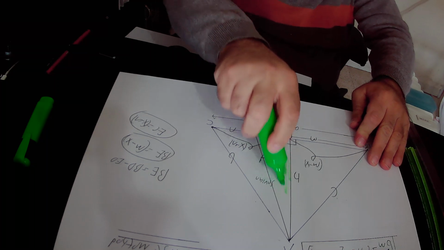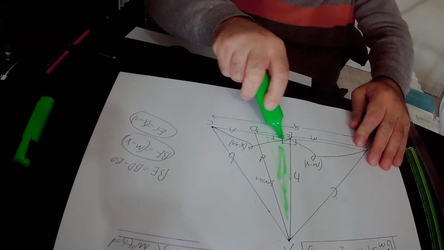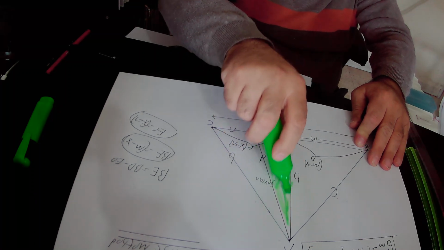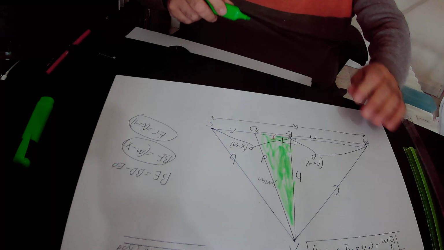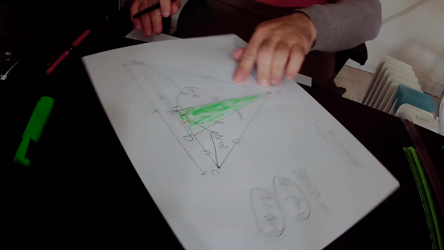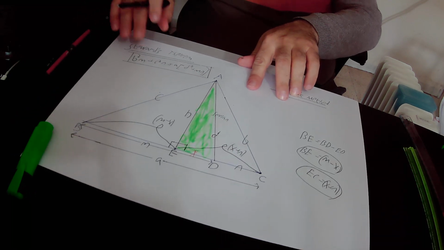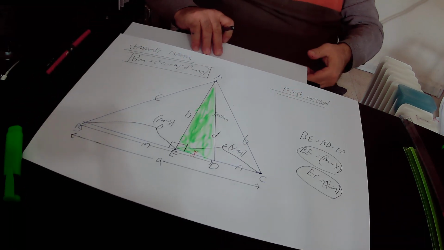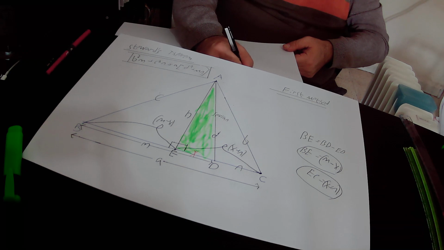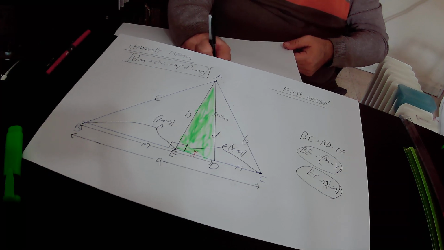Repeat again, we'll implement the Pythagoras theorem on this right green triangle, triangle AED. PT is an abbreviation for Pythagoras theorem.